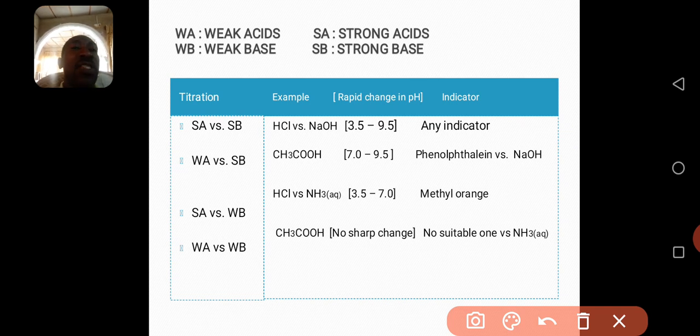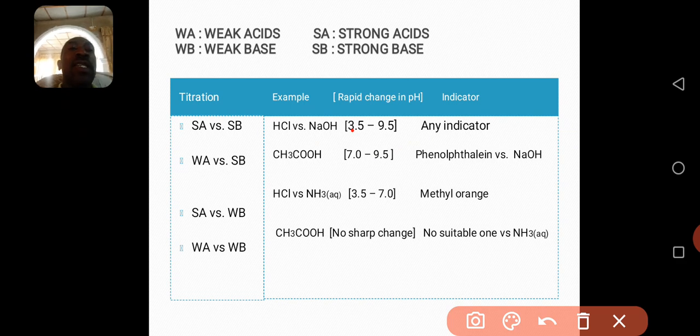When you are mixing a strong acid against a strong base, for example, HCl and NaOH, we can use any indicator because the two solutions are strong. Any of the indicators, either methyl orange, phenolphthalein, methyl red, can be used. And the change in pH will be between 3.5 to 9.5 because the two are strong solutions.